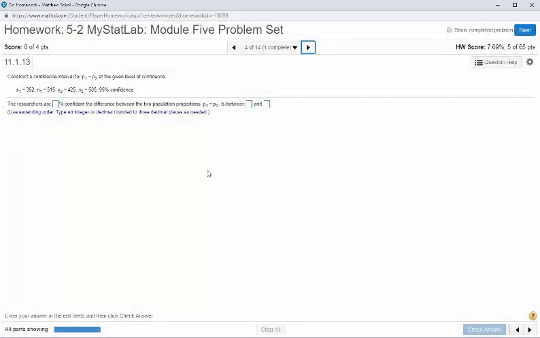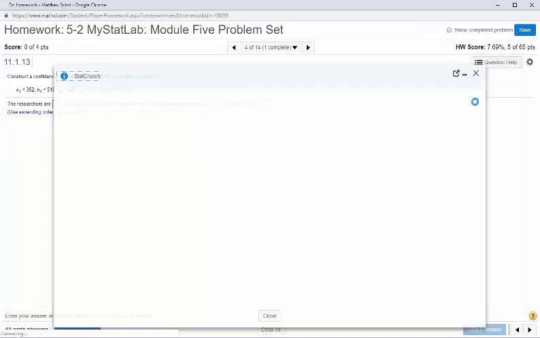So this says, not a hypothesis test, but a confidence interval question. It says construct a confidence interval for the difference P1 minus P2 at the given level of confidence. So I have number of successes and observations for the first sample, number of successes and observations for the second sample, and I want 99% confidence. So again, I'm just going to StatCrunch this.